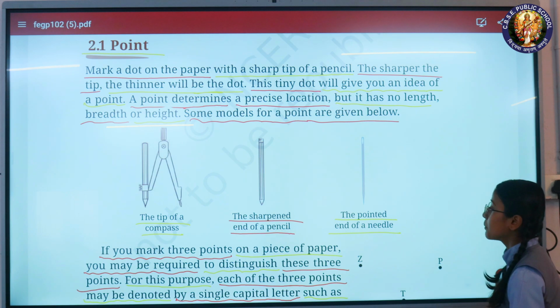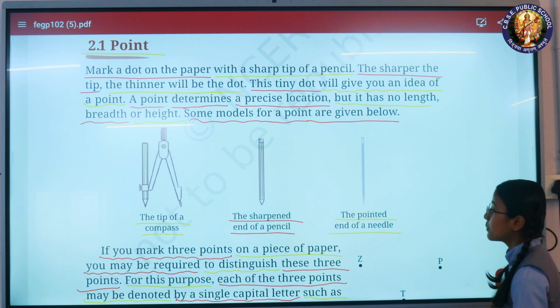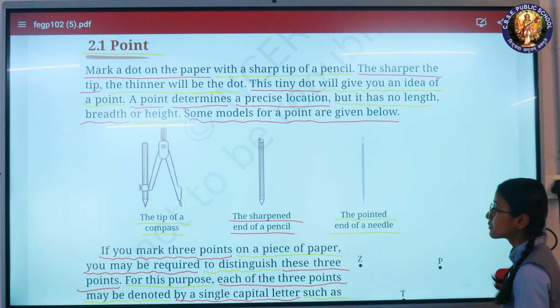The tip of a compass. The sharpened end of a pencil. The pointed end of a needle. If you mark 3 points on a piece of paper, you may be required to distinguish these 3 points.